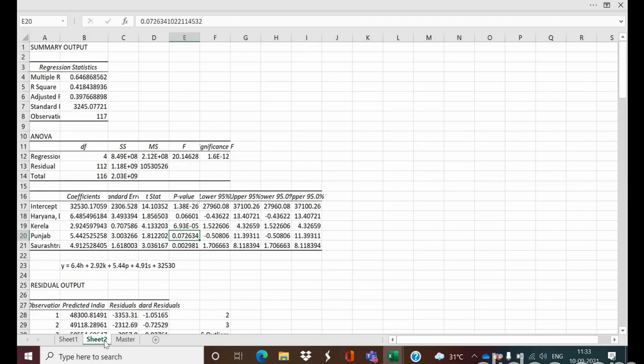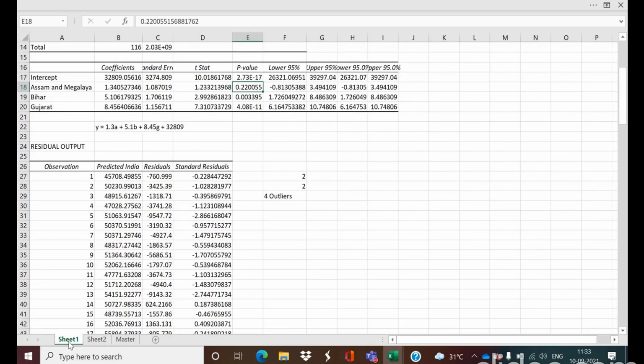Another outcome: Punjab, Haryana, and Assam are not contributing to the model. Take all the independent variables together, so there will be some other p-values. Yes, absolutely. After this class, just do it yourself. Take all the independent variables.